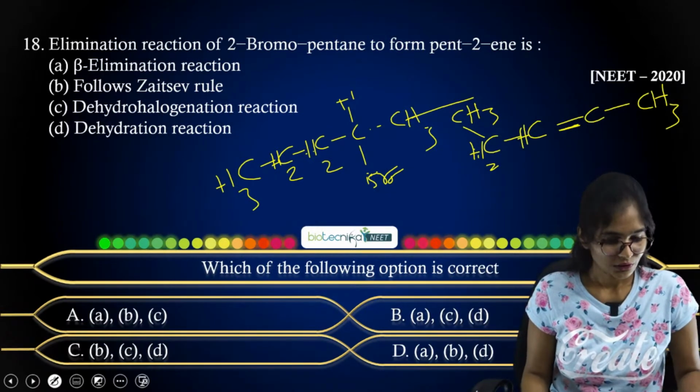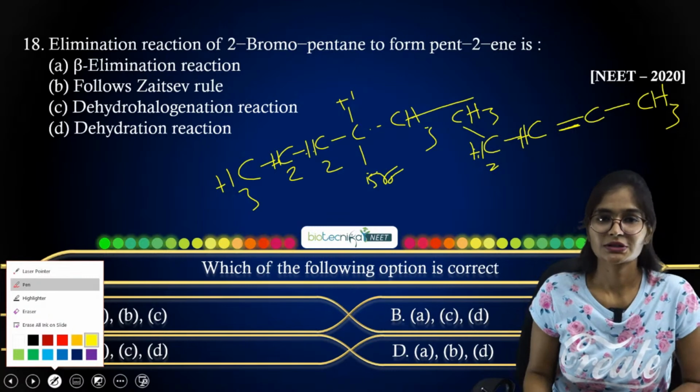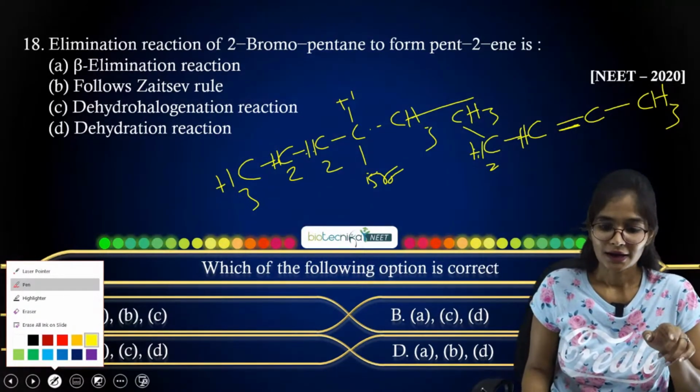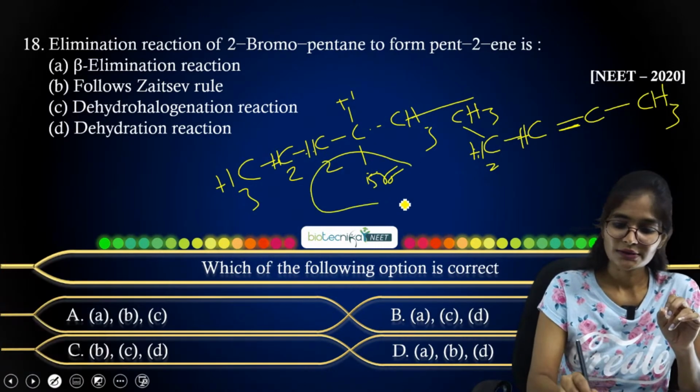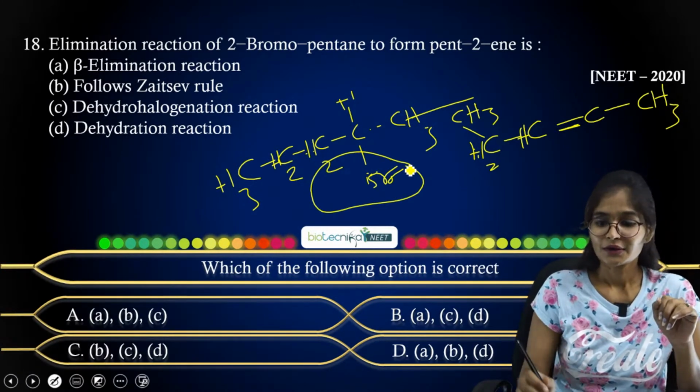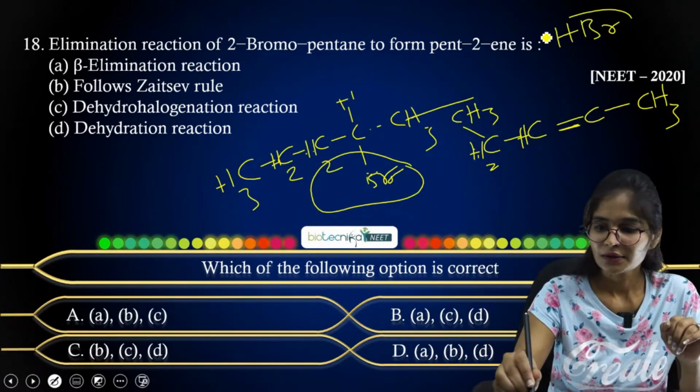The first thing to notice is the beta elimination reaction. Why is it beta elimination? You are going to remove the hydrogen, and the halogen also goes out, so overall you have HBr removal. You remove hydrogen along with the bromine.